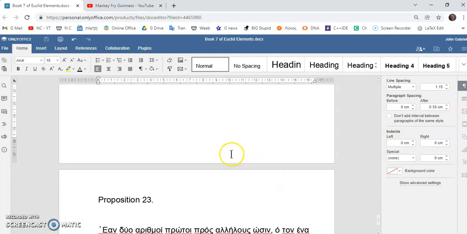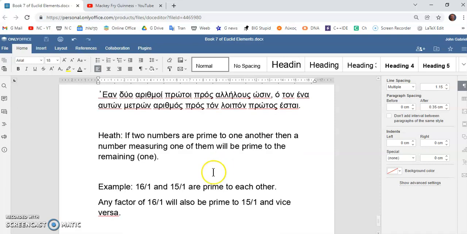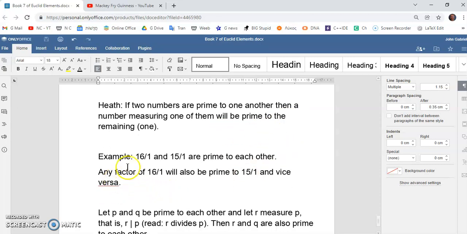That's what proposition 22 is saying. And then proposition 23 says that if two numbers are prime to one another, then a number measuring one of them will be prime to the remaining one. So, for example, 16 and 15 are prime to each other, and any factor of 16 will also be prime to 15 and vice versa.